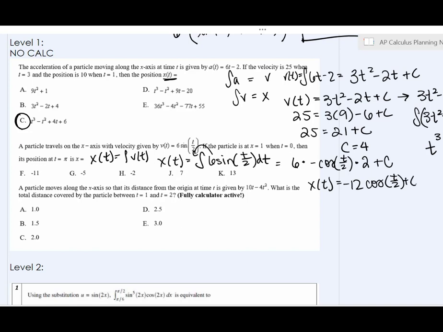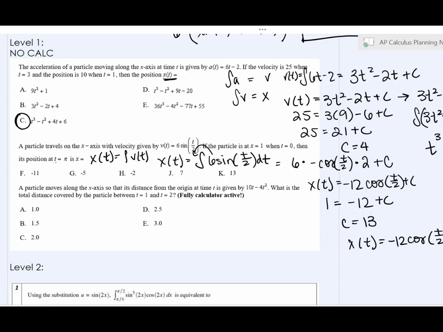Then we substitute that initial condition. The particle is at x equals 1 when t equals 0. So we know that this is 1 equals negative 12 times cosine of 0, so that's negative 12 times 1 plus c. And c is 13. So getting that written out, x of t equals negative 12 cosine of t divided by 2 plus 13.